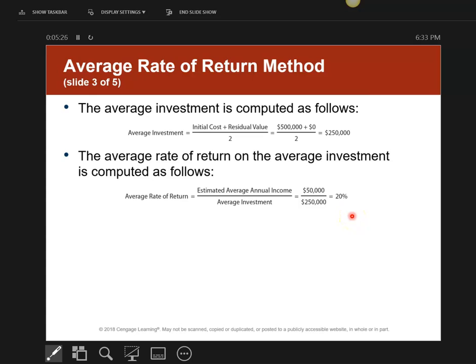So if I choose this proposal, it's going to give me a 20% rate of return on my money. Some of you would say that would be excellent. Some of you would say, well, maybe not so excellent. This rate of return is very important to understand. It depends on the standard set for your actual company.